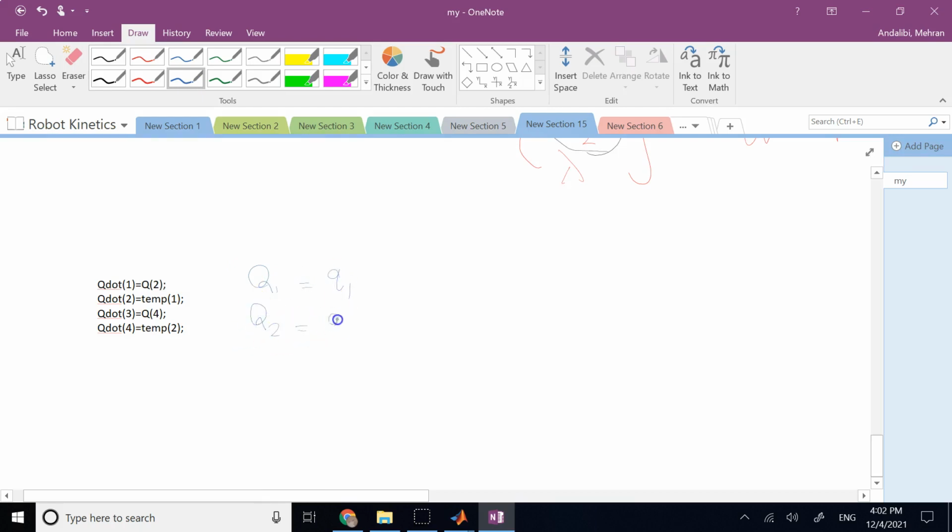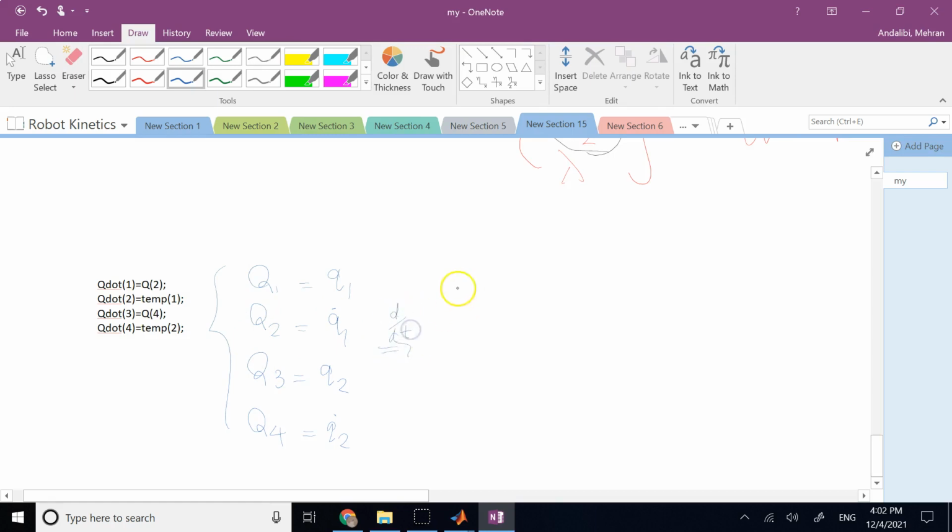Number two is going to be Q1 dot. Number three is going to be Q2. And number four is going to be Q2 dot. So these are my four dummy variables, or you might just call them anything else. You don't need to call them capital Q. You might call them capital Z or anything else.